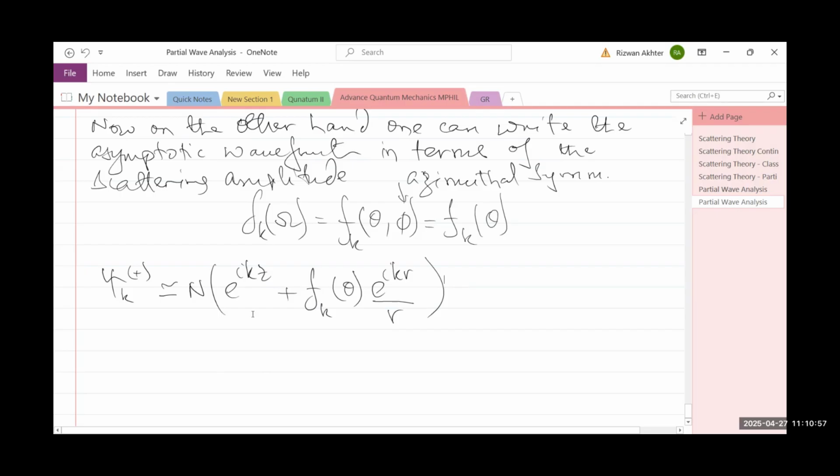This asymptotic behavior is described by 1 over r, and so we can substitute the value, and then we have the summation over L going from 0 to infinity.